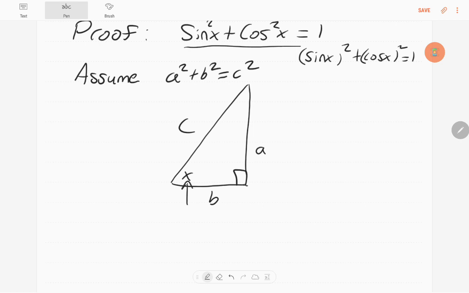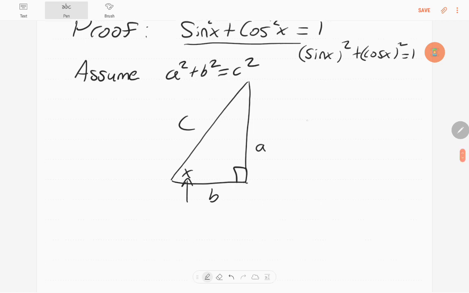Now I'm going to use my trig ratios. If I were to ask you to find what sine of x would equal, remember that is opposite over hypotenuse, so this would be a over c. If I asked you what cosine of that angle was, it would be the adjacent, which is b over c, your hypotenuse.